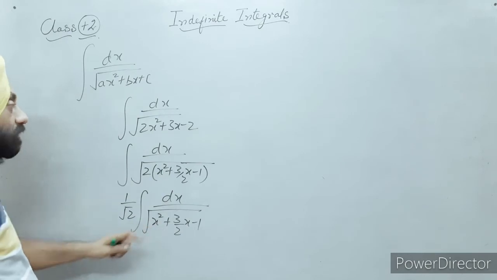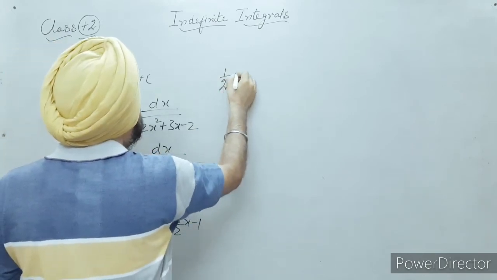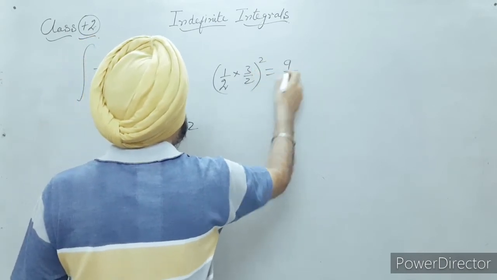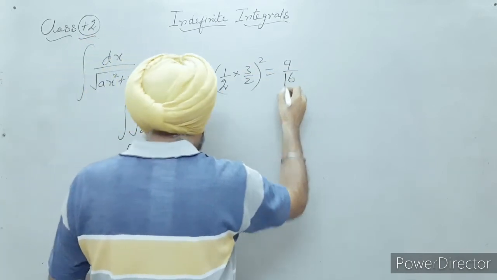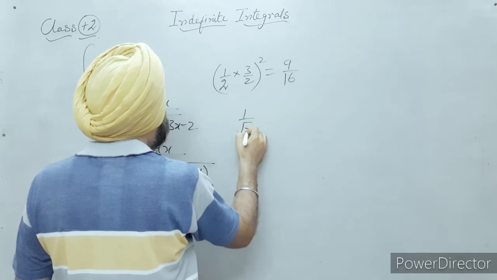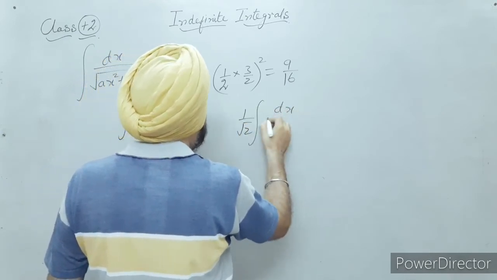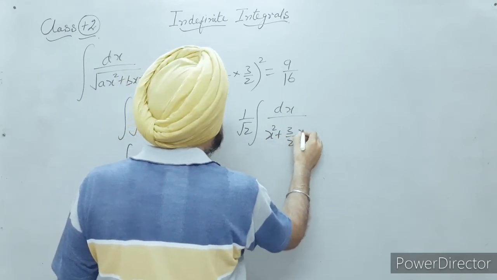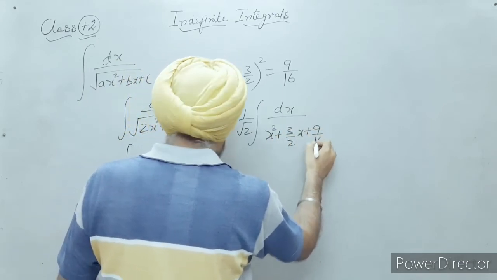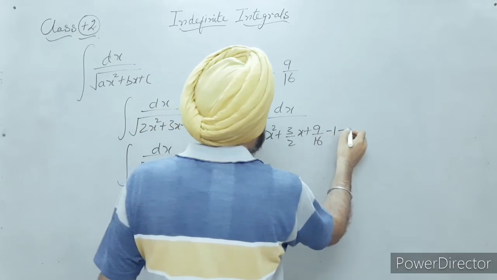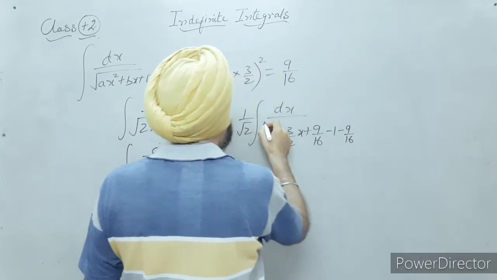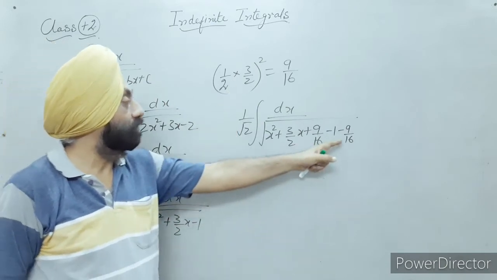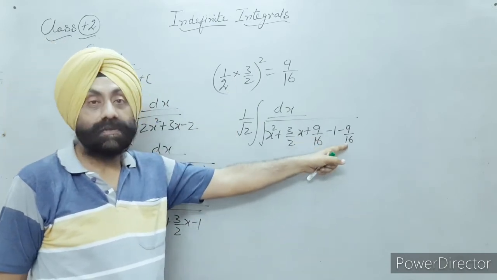Now add and subtract the square of half the coefficient of x, that is 3 by 4 whole square, which is 9 by 16. So 1 by under root 2, dx upon x square plus 3 by 2x plus 9 by 16, then minus 1 minus 9 by 16 under the root, right? What I have done is I have added and subtracted 9 by 16 over here.